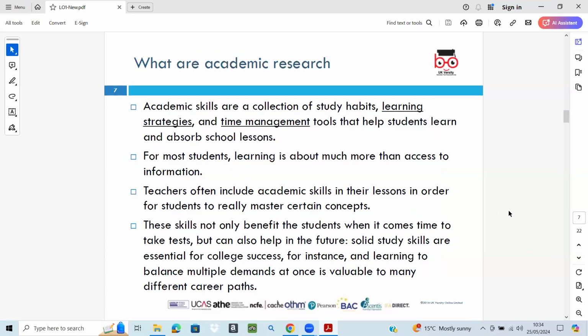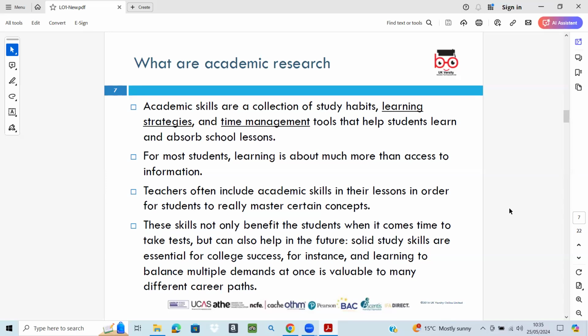Okay. So now we have to discuss what academic research is. I was telling you about this in the previous slide as well. So we have to cover academic research and the essential academic skills, which are skills that support successful learning and mastery of educational content.